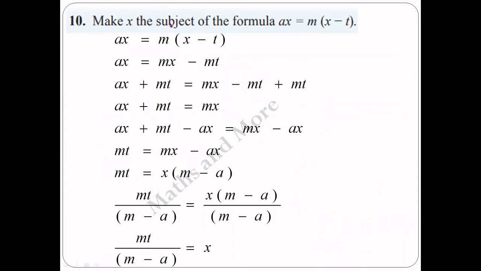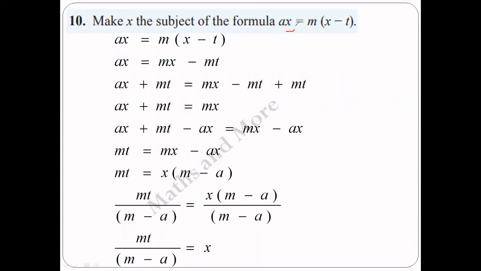10th one. Make x the subject of the formula A plus x equals m times x minus t. But this one is somewhat strange. x is in two places, both left and right.